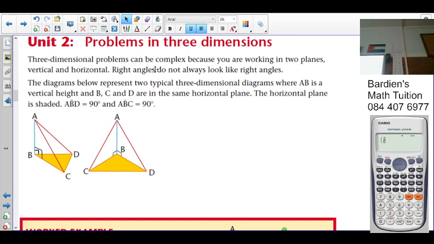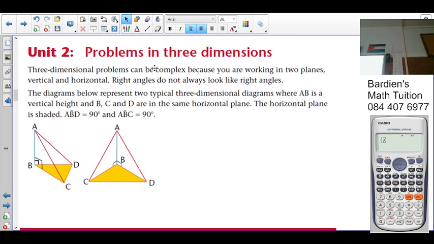Okay. So here we are told that Unit 2 is problems in 3 dimensions. 3-dimensional problems can be complex because you are working in 2 planes, vertical and horizontal. Now you must remember the vertical is the one that stands up straight.